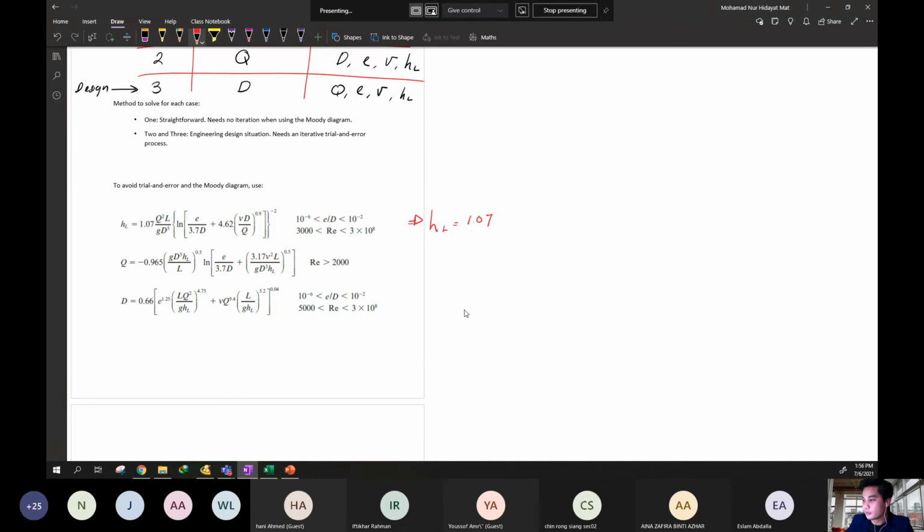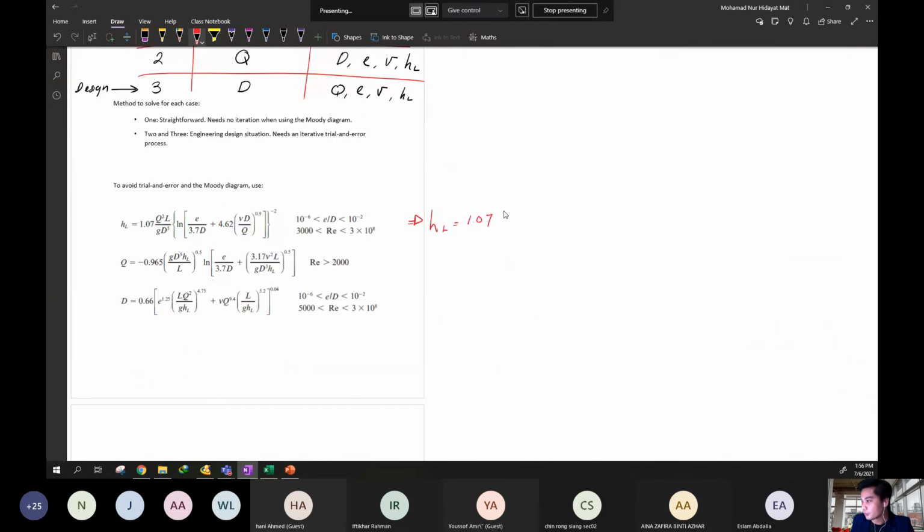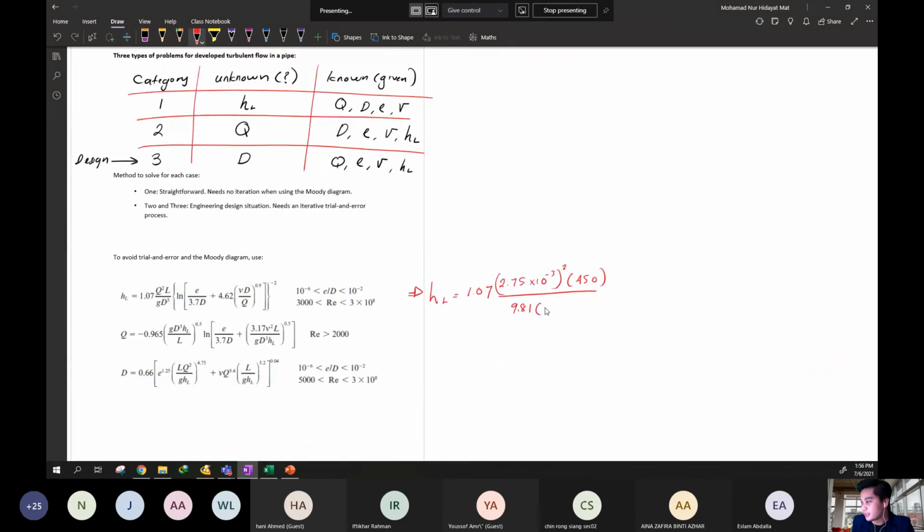Q is given already, which is 2.75 multiplied with 10 to the power of negative 3, in brackets, squared. The length is 450 over gravity 9.81. The diameter is given, which is 0.038, to the power of 5. Then bracket, ln, natural log.